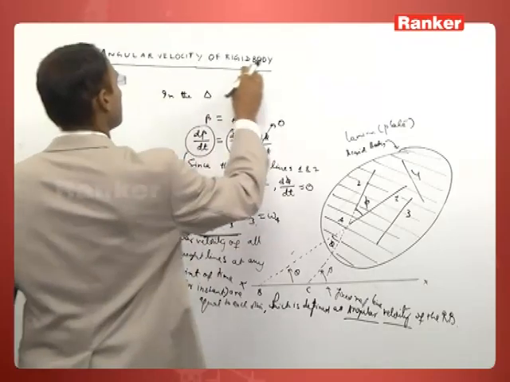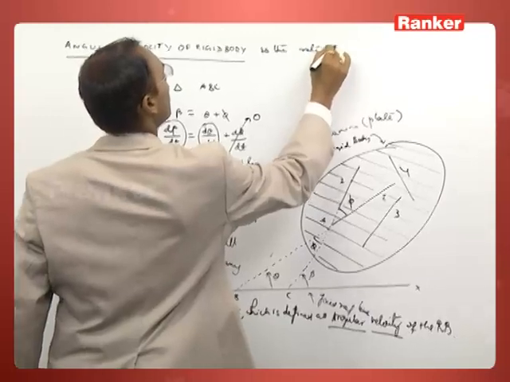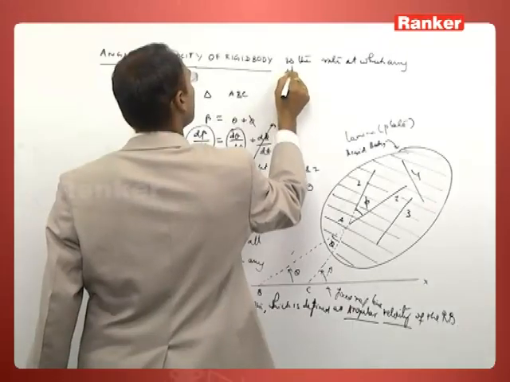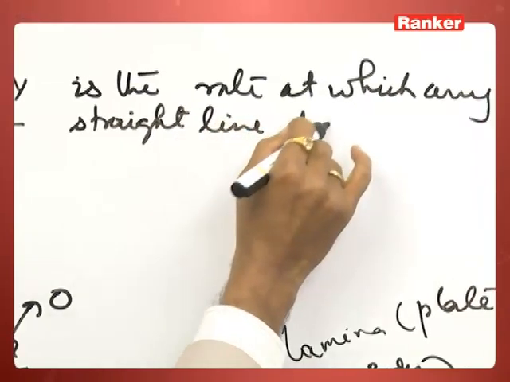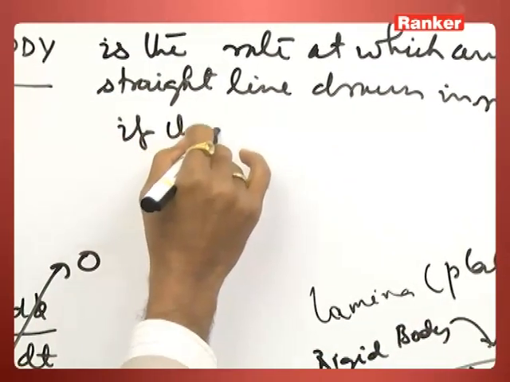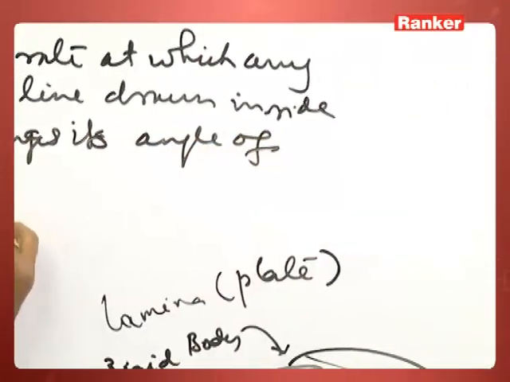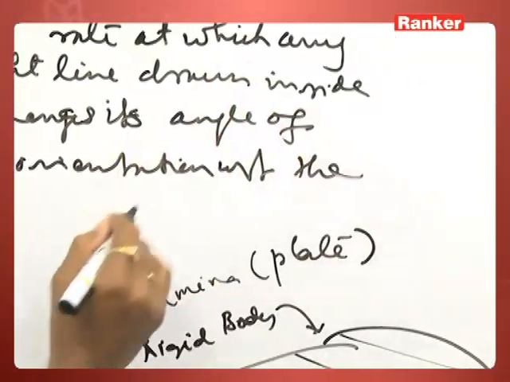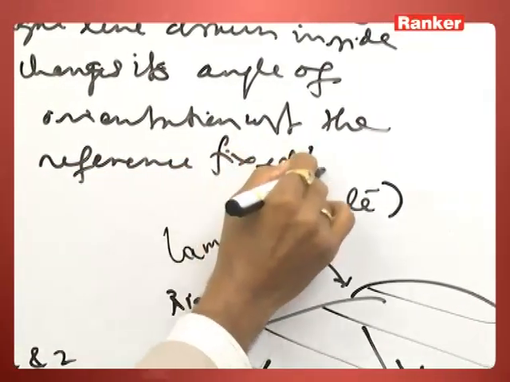So, angular velocity of the rigid body is the rate at which any straight line drawn inside it changes its angle of orientation with respect to the reference fixed line.